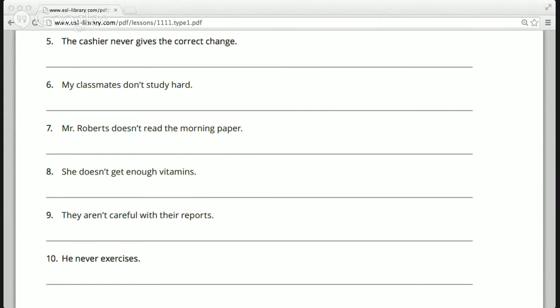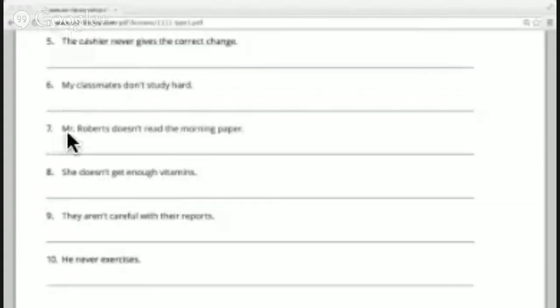Okay, they should be careful with their reports. We can also say they should be more careful, adding more there. It's not absolutely necessary, but you can say that. They should be more careful with their reports. Okay. Excellent job, you guys. Let's continue.